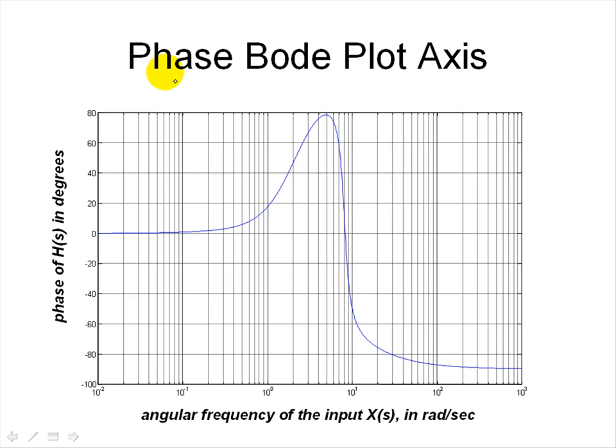Before we move on to phase Bode plots, let me emphasize something. As we will talk of slopes in degrees per decade and vertical values in degrees, it is necessary to clarify what we mean before we begin. We are plotting the phase of the transfer function in degrees on this vertical axis between minus 100 degrees and 80 degrees versus the angular frequency omega of the input signal in radians per second.